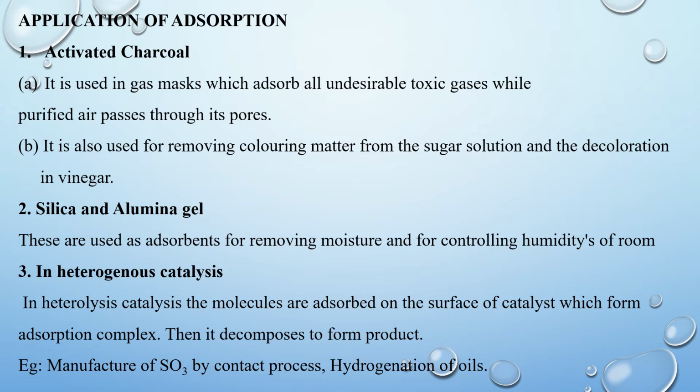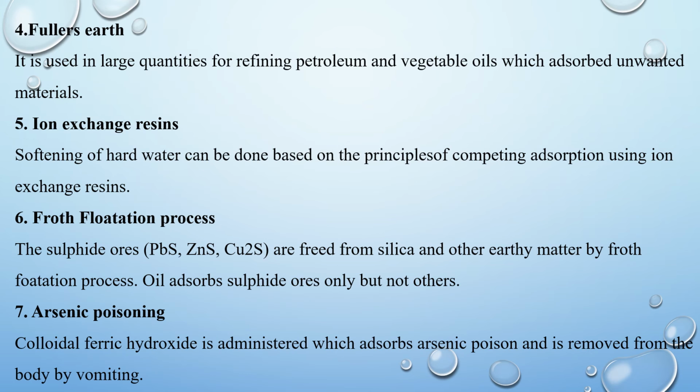The third one is heterogeneous catalysis. In heterogeneous catalysis, the molecules are adsorbed on the surface of the catalyst, which forms an adsorption complex. Then it decomposes to form the product. For example, manufacture of sulfur trioxide by the contact process and hydrogenation of oil.